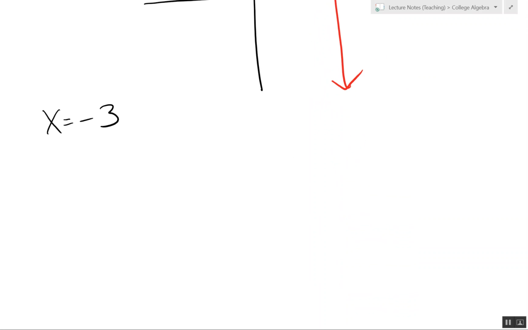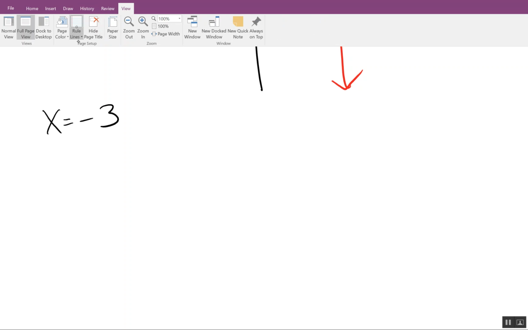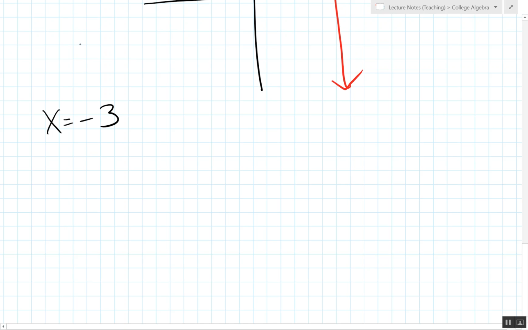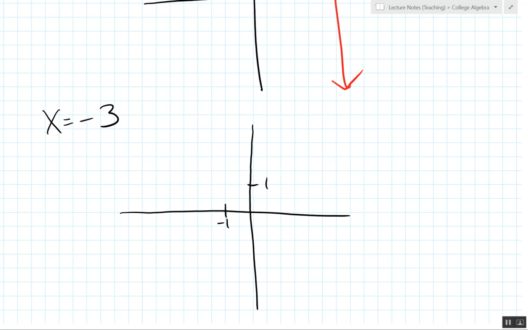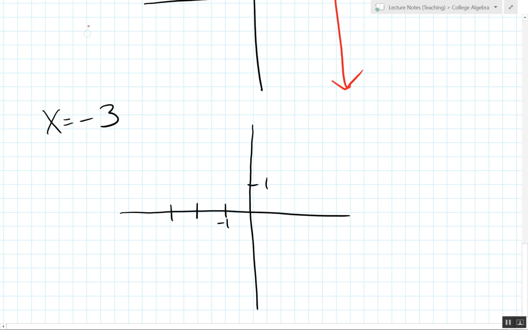So turn on the grid. And here we go, here's our grid. Here is -1, here is +1, so here's -2, and here's -3. So let's draw our line in. And so here is our line.